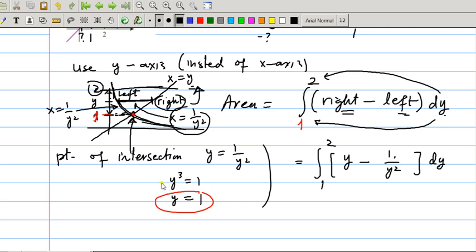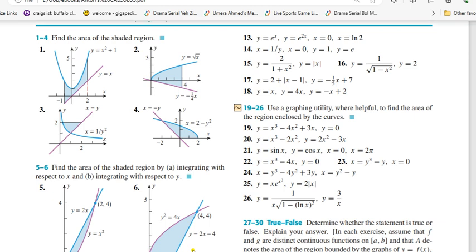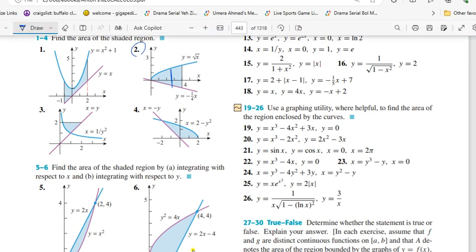So now my right minus left has become: the right curve is x is equal to y, minus the left curve. This is the left curve, x is equal to 1 over y square. So I will subtract x equal to 1 over y square, from 1 to 2.